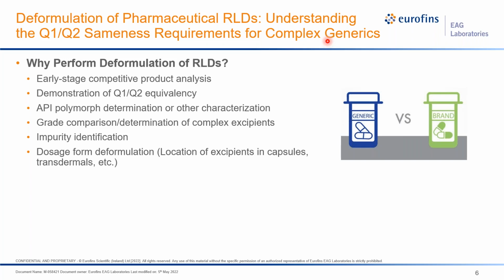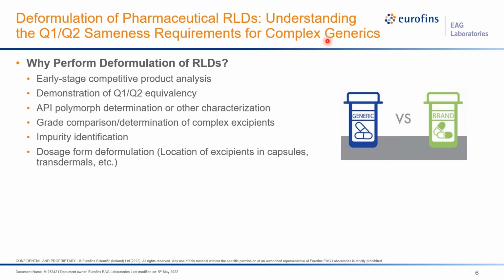We want to know what's in it so we can meet the Q1, Q2 equivalency guidelines set out by the FDA. And thus, you save a lot of time and money as a company by doing this process rather than creating a whole new product. So it's really useful. It's a great way to get generics to the market quicker. And we love being a part of that process.